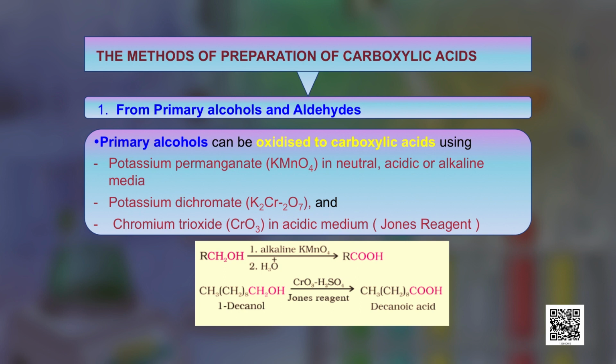Then the second reagent is potassium dichromate, that is K2Cr2O7, and the third reagent is chromium trioxide, CrO3, in acidic medium, which is very specifically known as Jones reagent. You can see in the reactions that alcohols are oxidized to carboxylic acids using these reagents.